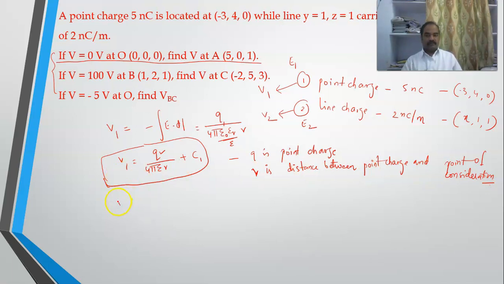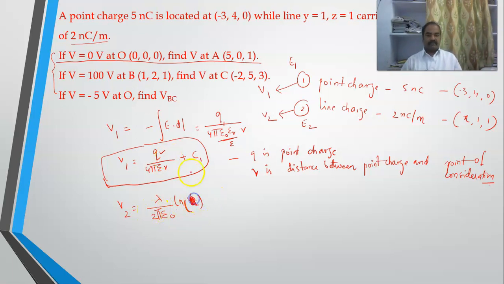Now coming to V2, which is due to this line charge. We have already done this type of line charge. Its value is lambda by 2 pi epsilon naught ln. Here I'll take it as ln r, or else I'll take it as ln h or ln a, where a is the perpendicular distance between the line charge and the point of consideration.